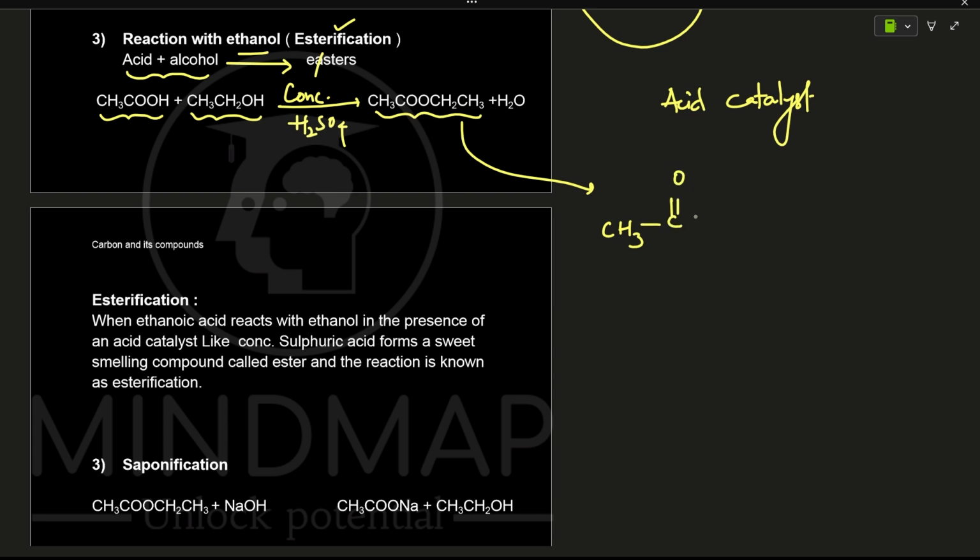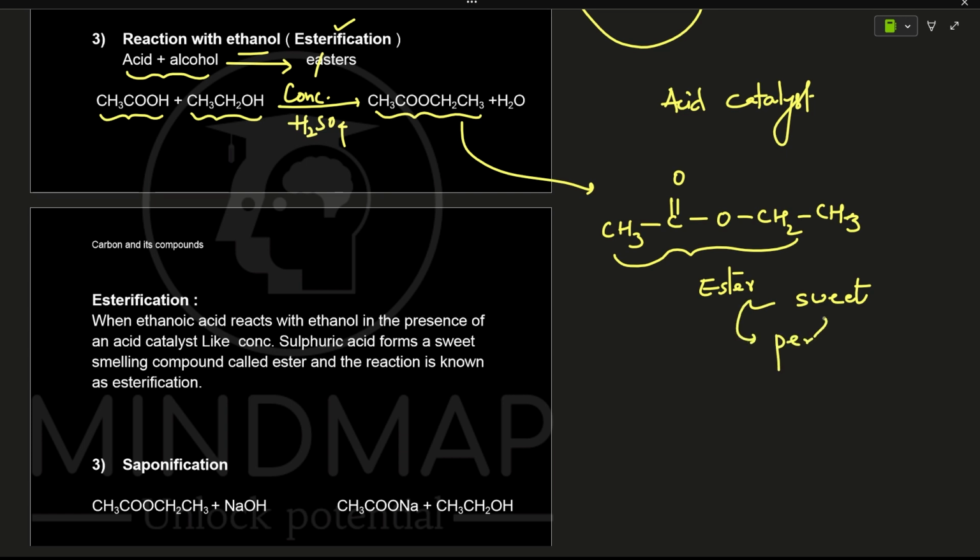C double bond O, O, CH2, CH3. ठीक है? तो ये जो चीज यहाँ पर हमें जो मिली है, this is called ester. एस्टर क्या है? इट इज अ स्वीट स्मेलिंग सब्सटेंस. ये बहुत ही, इसकी स्मेल बहुत ही प्लेजेंट होती है. ठीक है? एंड इट इज यूज्ड इन द मैन्युफैक्चरिंग ऑफ परफ्यूम्स. एंड इट इज ऑल्सो यूज्ड इन द फ्लेवरिंग एजेंट. इट इज यूज्ड एज एन फ्लेवरिंग एजेंट. जहां पे भी आपको फ्लेवर्स चाहिए, अलग अलग स्वीट फ्लेवर्स, देयर यू यूज एस्टर्स.